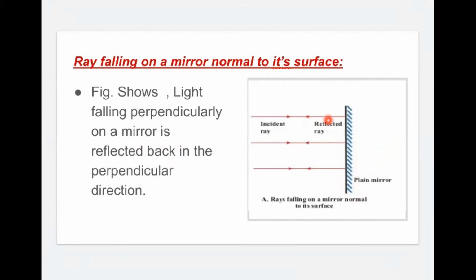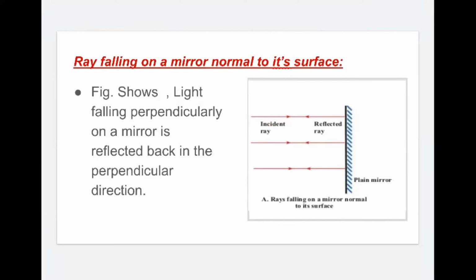The rays of light are incident on the plane, reflecting surface of the mirror. These rays are then reflected back. You can see the path traversed by the incident ray and the reflected ray is the same.